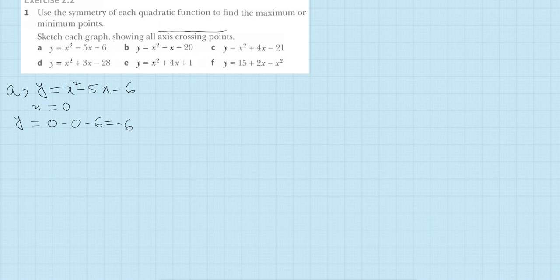Axis crossing point means passing through the x-axis and y-axis. So the first axis crossing point is when x is 0, then y is minus 6. Now we have to find the other axis crossing points by putting y equals 0.